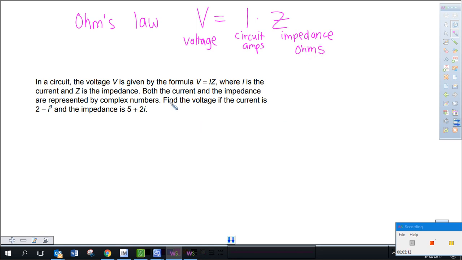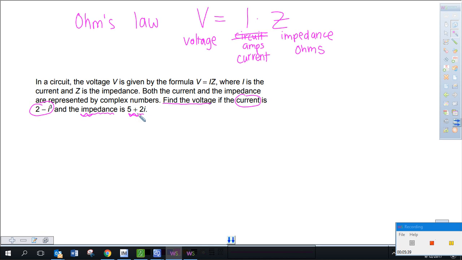Alright, so let's look at the scenario. In this scenario, we're trying to find the voltage if the current, and I'm sorry, I said this wrong, it's not circuit in amps, it's our current in amps. If the current is 2 minus I cubed, and the impedance is 5 plus 2I.